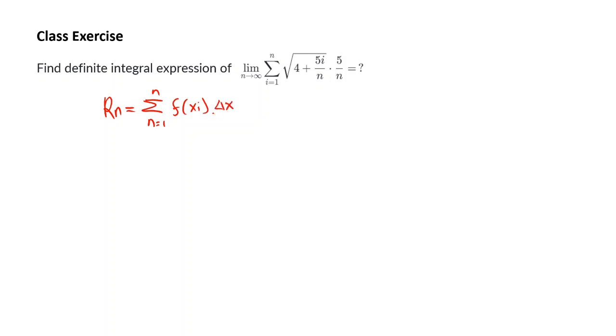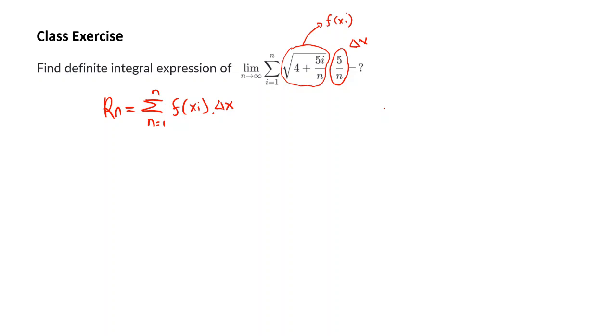So in this case we can see from the form that most likely this part will be delta x, and the other will be f xi.